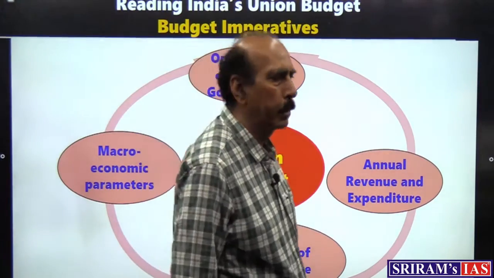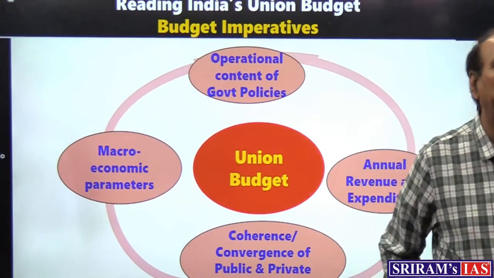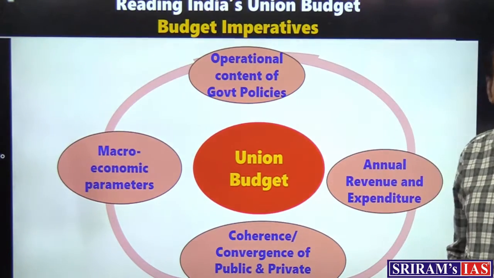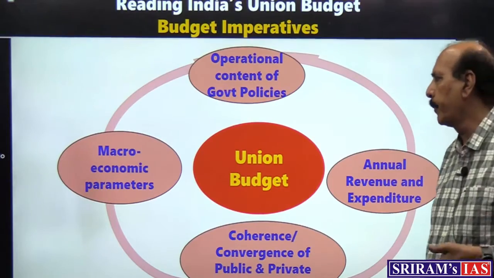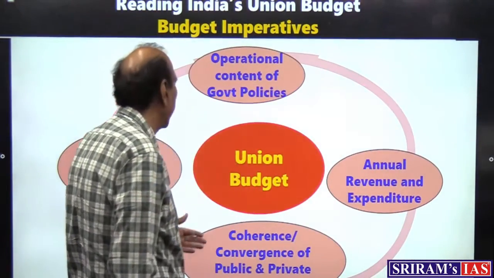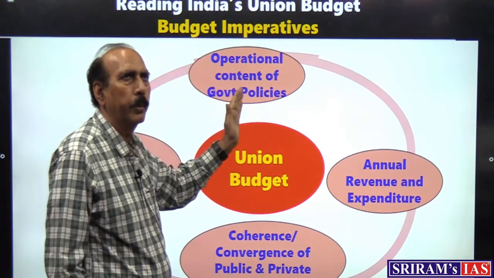Therefore, whenever the budget is presented in the parliament, it satisfies all these important areas. If you look at this diagram, the union budget will present the operational content of the government policies.